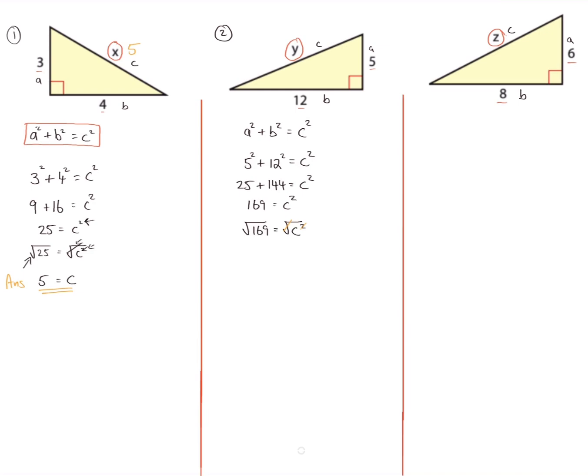And what you do is you press the square root button, and then you press 169, and then you press equals, and you'll get 13 equals c. So we've just found out that the length of this longer side here of this triangle is 13. That is our answer.